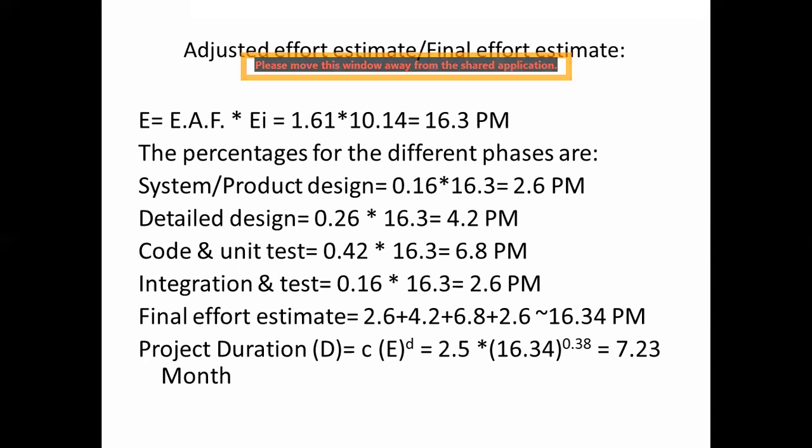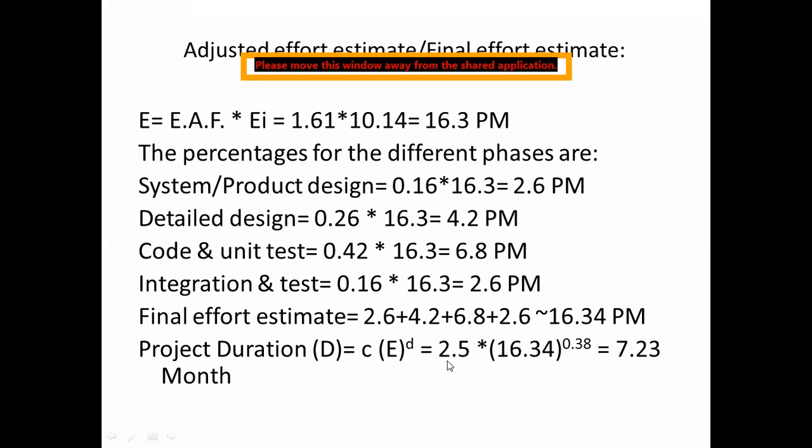The value for c is 2.5, a fixed value for all types of project. But the value of d is 0.38 for organic type, and different for other projects.